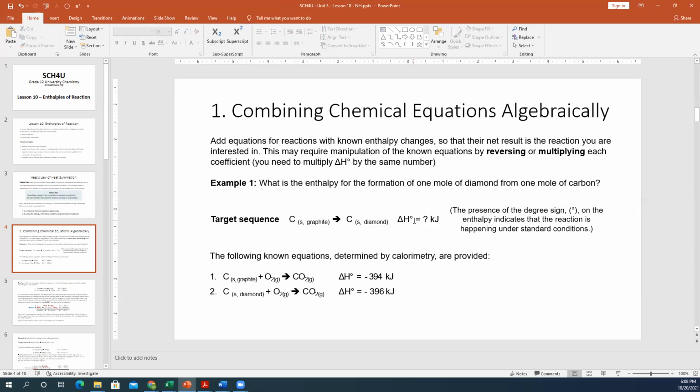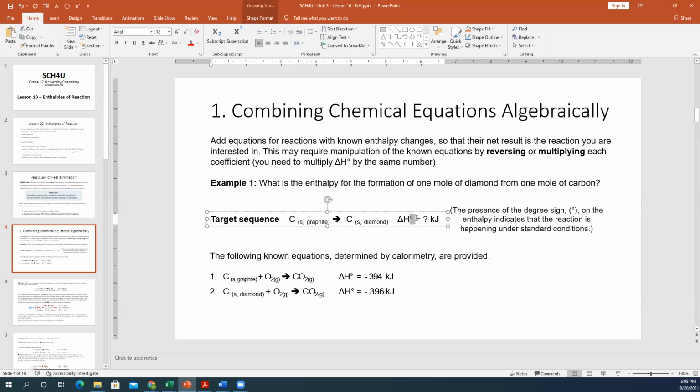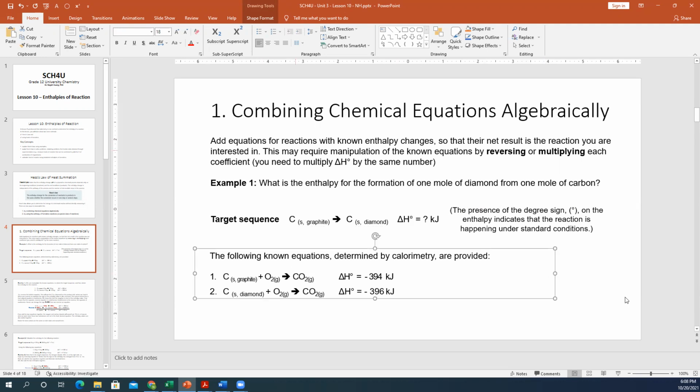And just to remind you again, when there is that degree sign, that naught sign, it indicates that the reaction is happening under standard conditions, so standard temperature and atmospheric pressure. Now, we need some known equations.